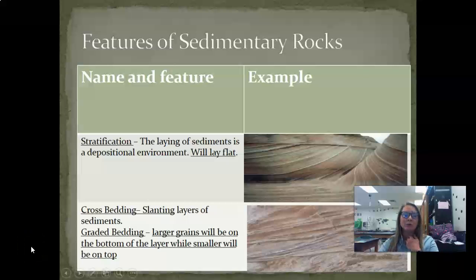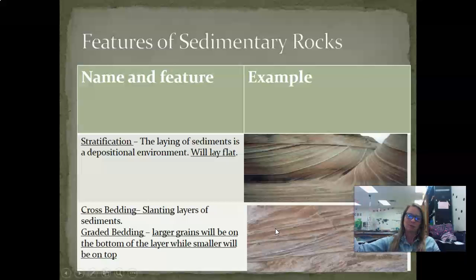Our next example would be cross bedding, which just means that the layers have been slanted, and we can see that there's been different types of striation. This is a very arid environment, this picture right here, and we can see that the lines go this way and then they are shaped this way. So it's almost like a desert type environment.